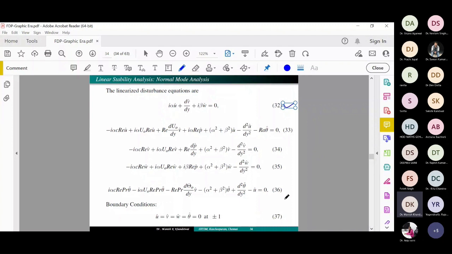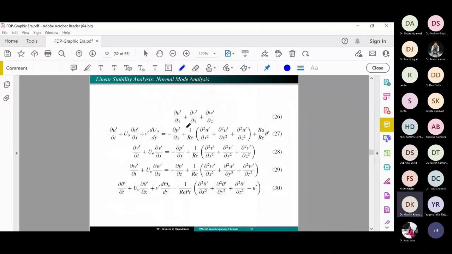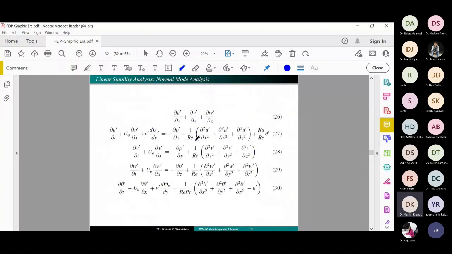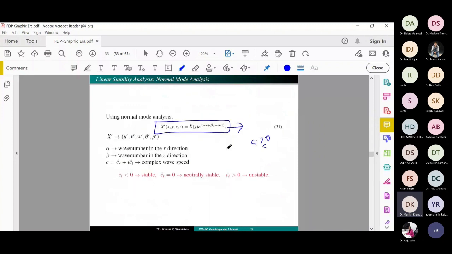The basic flow can be in one, two or three directions, steady or unsteady, so it depends on the characteristics of the basic flow. After that the procedure goes the same way, except here I have used u naught equal to a function of y. But if the basic flow is two-dimensional in x and y, then I will use u naught as a function of x comma y. That is the concept of taking the basic flow.